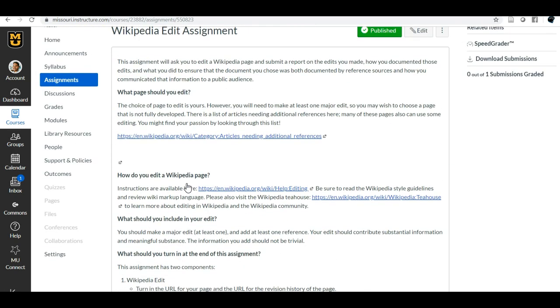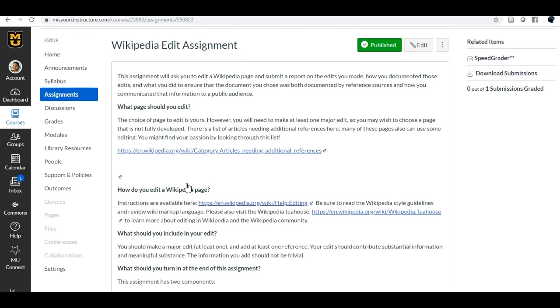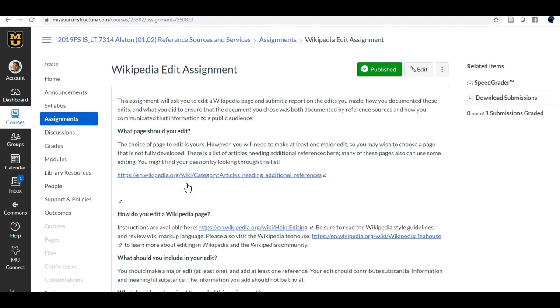It was not worth as much as your virtual reference practice paper, but it still has a significant point weight total. Now, this is my favorite assignment in the class, and the reason is that it allows my students to contribute something to society for the greater good, and you are not just creating something for use right here in the class.